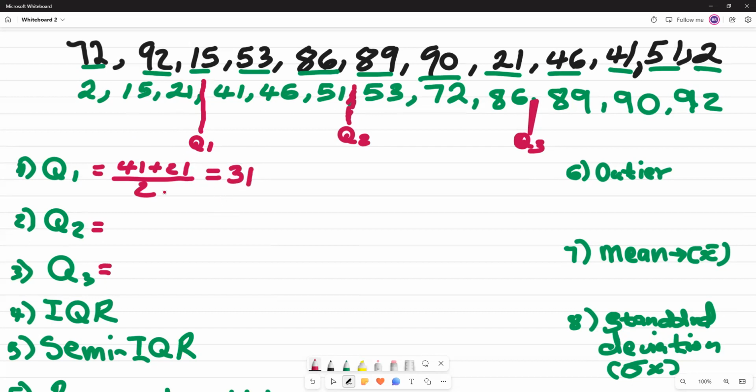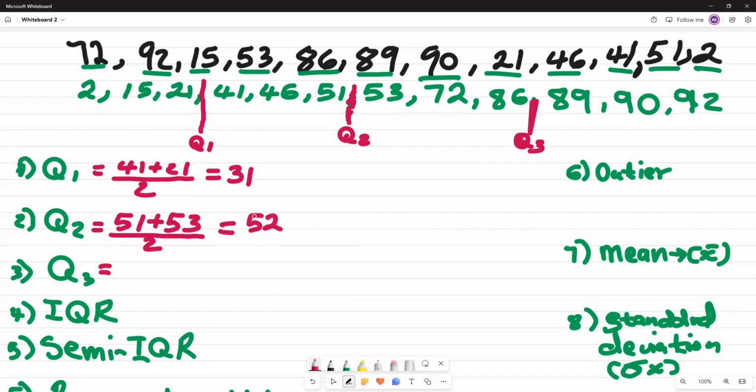There's our lower quartile. And then Q2 is in between 51 and 53, so we divide that by 2. We have 51 plus 53 over 2, which gives us 52.